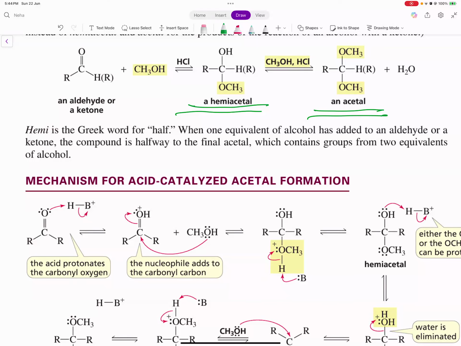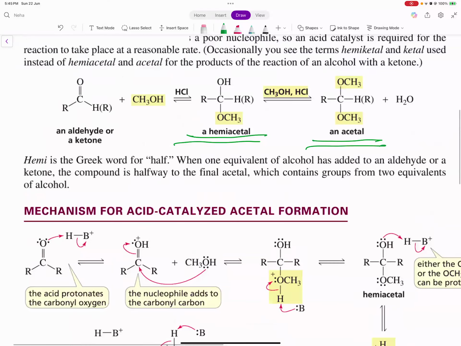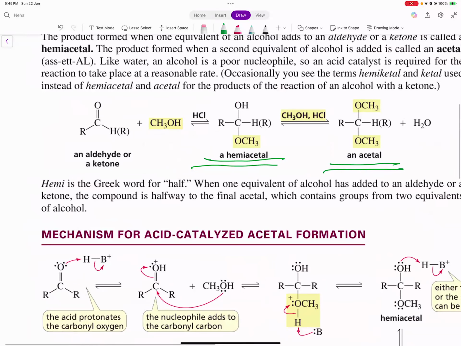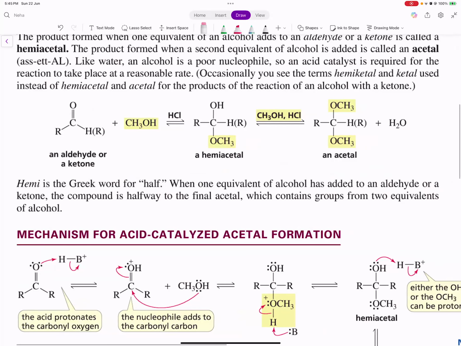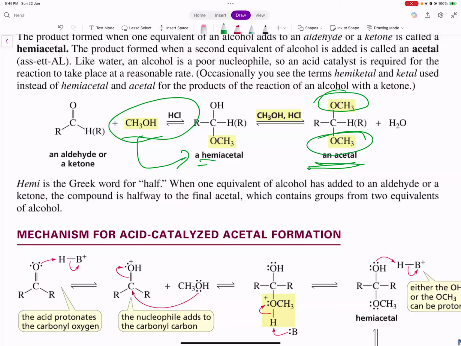Anyway, so when we have to draw the product for one molecule, it is clear, right? When one molecule of alcohol is added, then we call it hemiacetal. Hemi means half, like hemisphere. Only when one molecule of alcohol has been added, it is called hemiacetal. And when two molecules of alcohol have been added, then we call it an acetal.